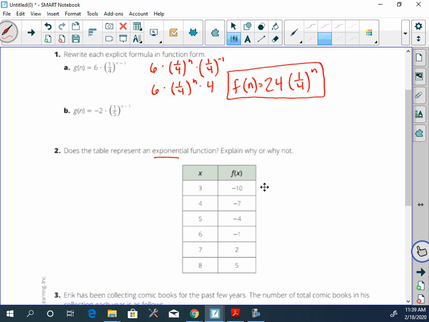So, but what do we notice here is it's going up by 3 each time. So if we're adding something each time, this would be, what'd you say? It's arithmetic, right? Which would be like a linear function. It's going up by 3, so it's got the same slope. So does this represent exponential? No. And you could say that there is not a common ratio.